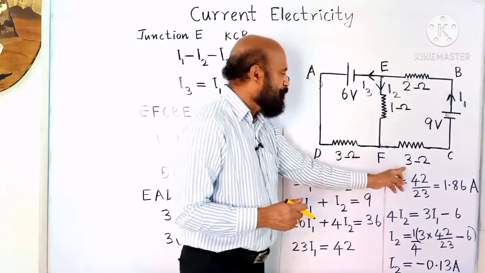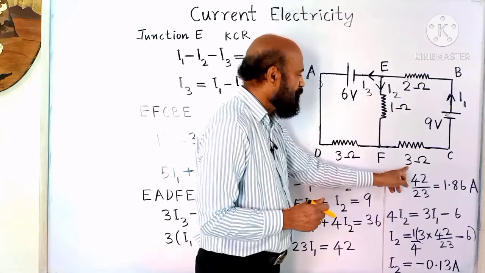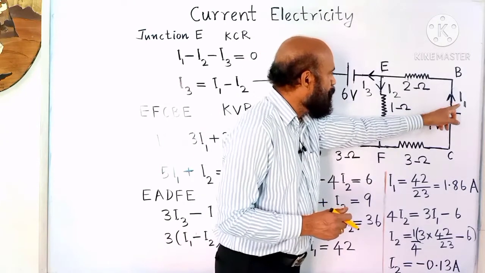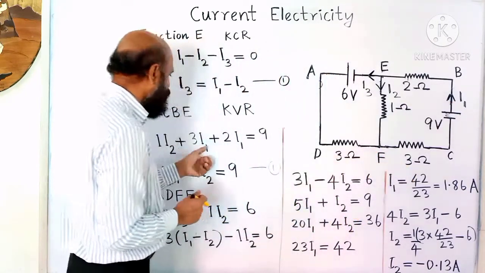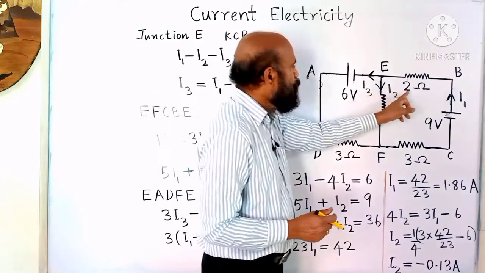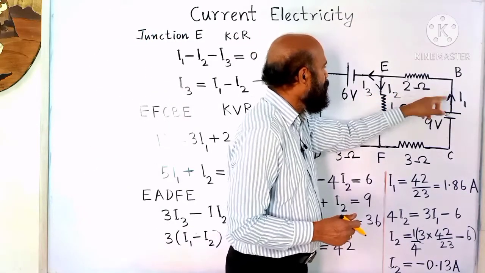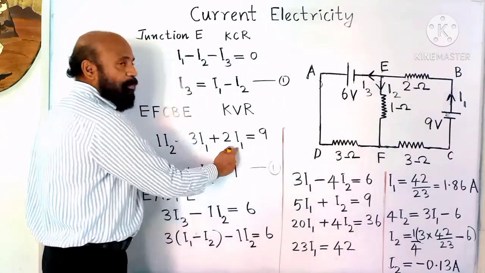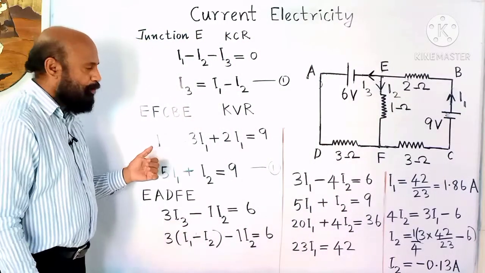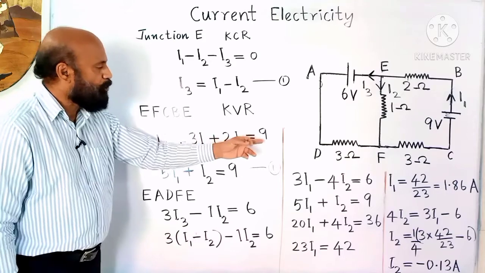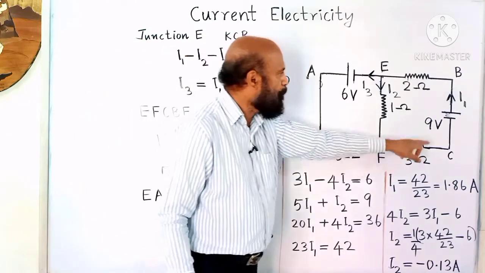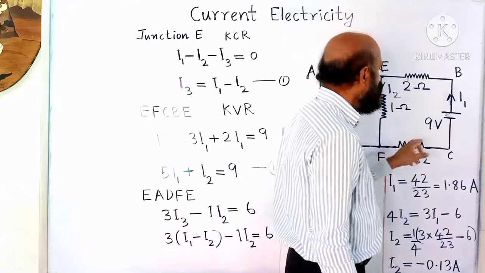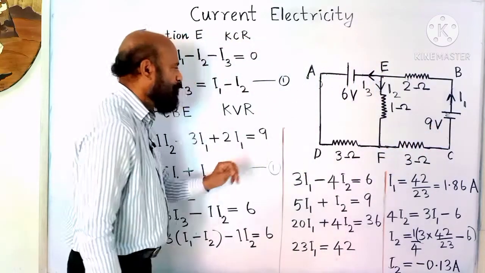Now here, resistance is 3, and the current in this branch is I1, so 3 I1 plus 2 I1. The algebraic sum of the product of resistance and current is equal to the algebraic sum of the EMF. The EMF in this closed circuit is 9 volt.